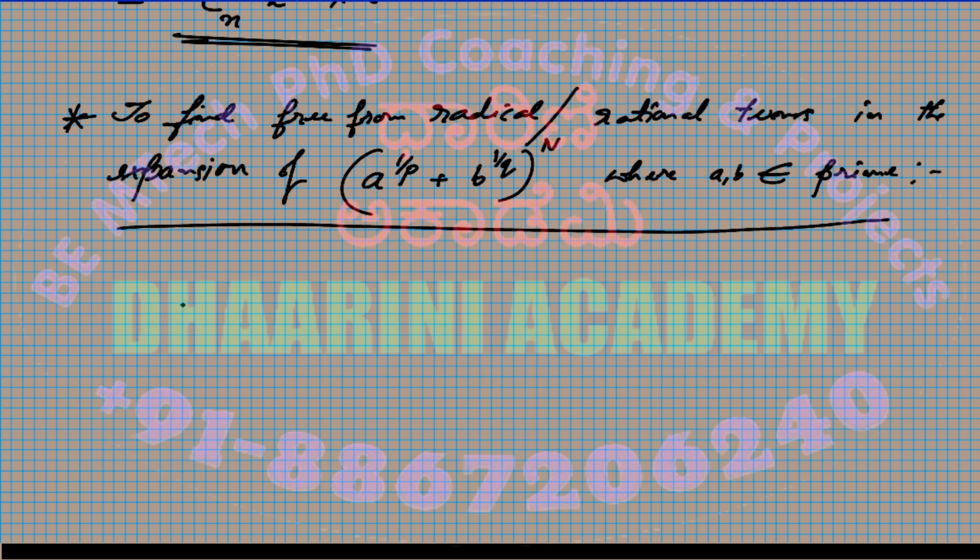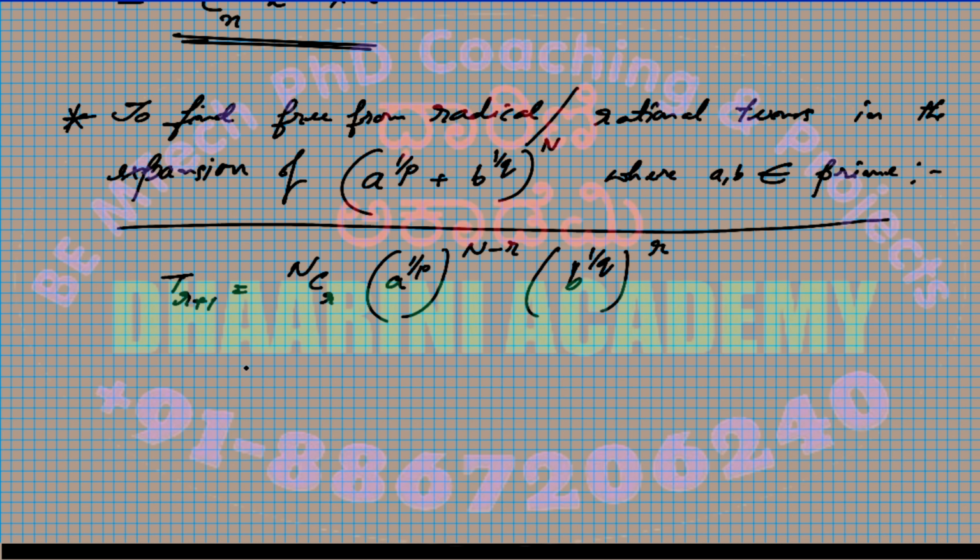So first, let us try to represent that equation for t r plus 1. The r plus 1 term should be nCr into a to the power 1 by p, whole raised to the power n minus r, into the second term, that is b raised to the power 1 by q to the power r.